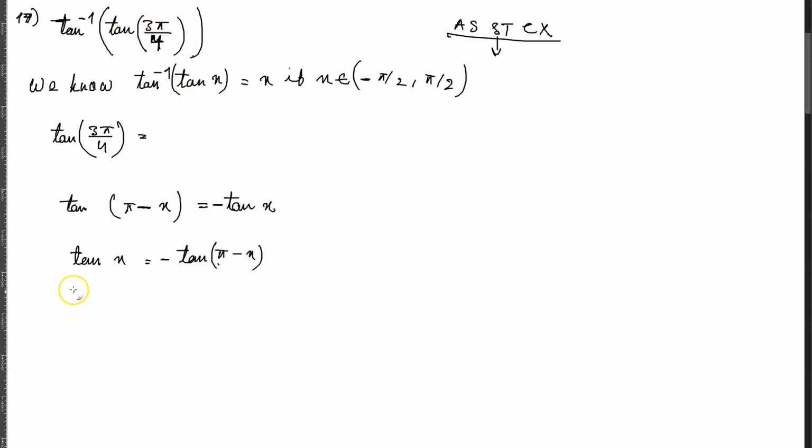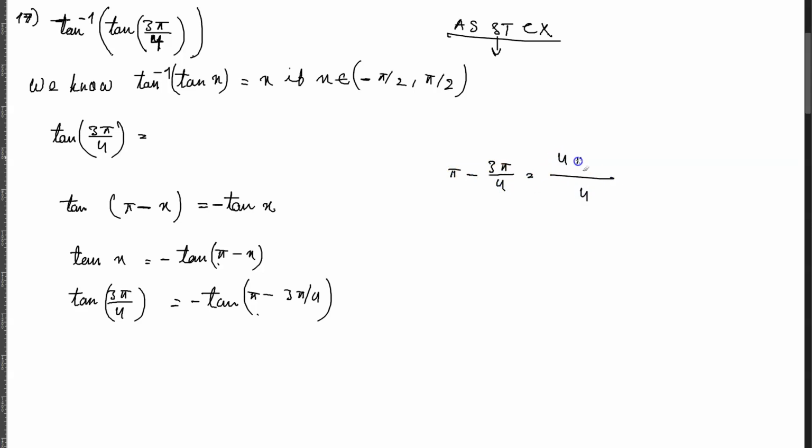And tan of 3 pi by 4 is equal to negative tan of pi minus 3 pi by 4. And what is pi minus 3 pi by 4? Pi minus 3 pi by 4 is equal to 4 pi minus 3 pi over 4, which is equal to pi by 4. So that is equal to negative tan of pi by 4.